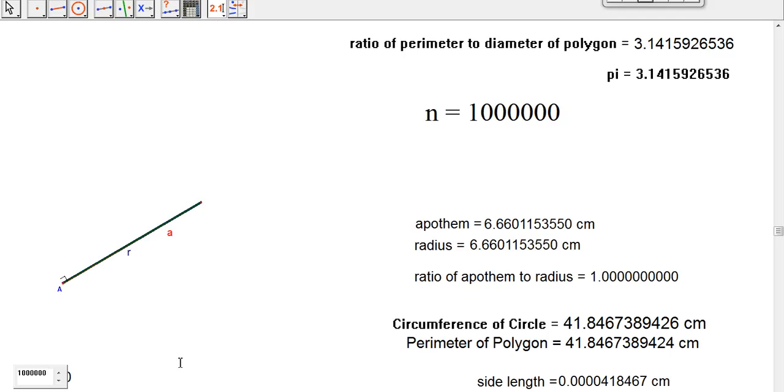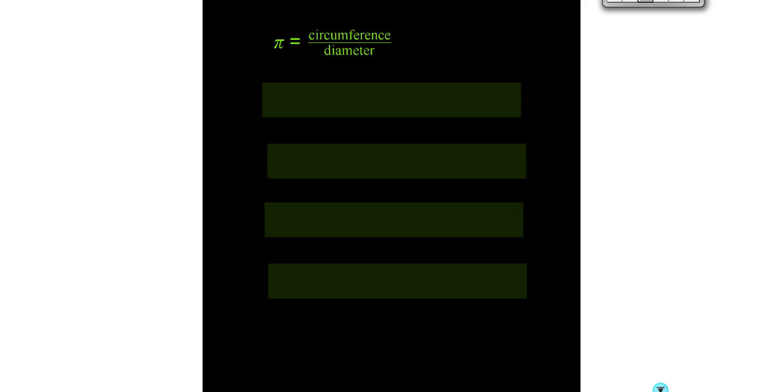Okay, so we're going to go back and take a look at what this means, where I can show you some equations. Just a refresher about pi. We accept this definition of pi as being the ratio of circumference to diameter of a circle.